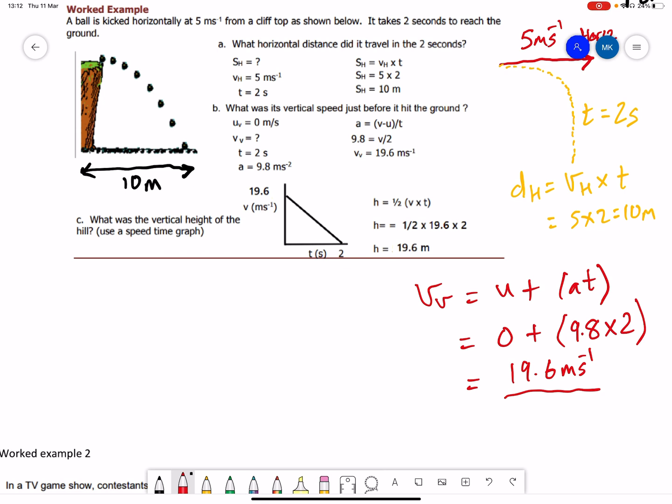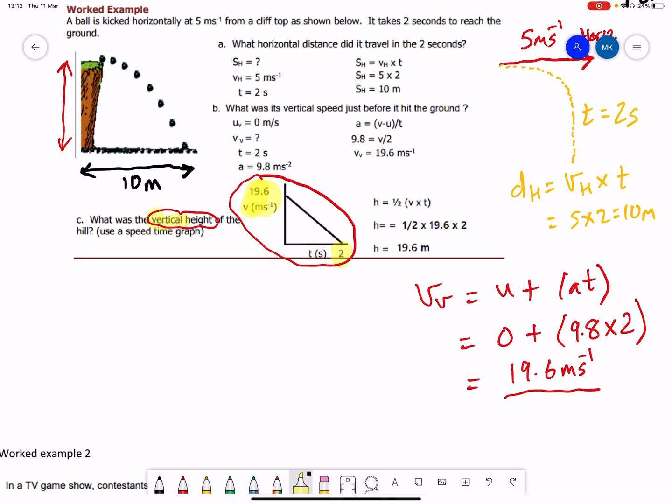If you want to calculate the height, you can draw our velocity time graph. We want to know the vertical height. So in order to calculate that, we have to use the vertical speed, vertical and vertical. And the only time mentioned in the question was 2 seconds.